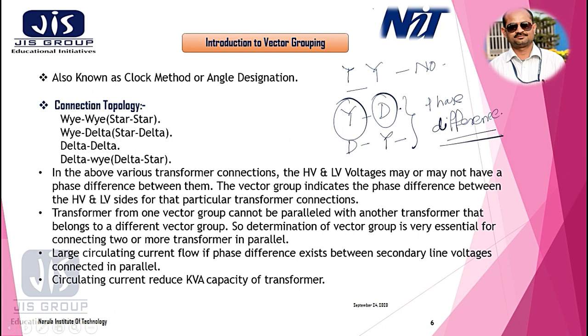Okay, there exists a phase difference. Now in the vector group we indicate this phase difference which exists in that particular transformer connection.